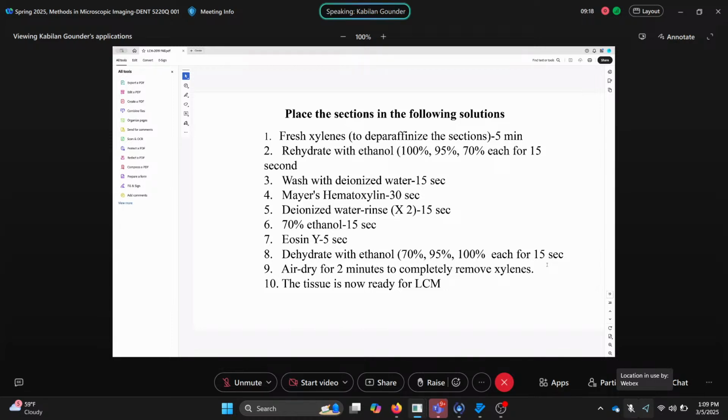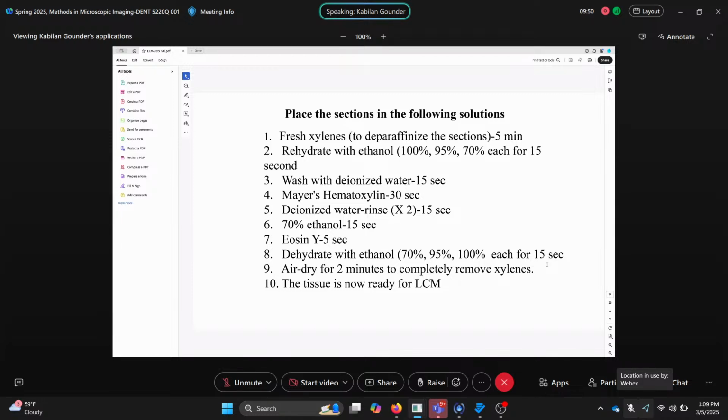So as we discussed, that's hematoxylin and eosin staining. Already we discussed this in light microscopy. This is the exact processing time. First you have to deparaffinize the sections, or you have to remove the OCT medium, that is optimal cutting temperature medium, the embedding medium.